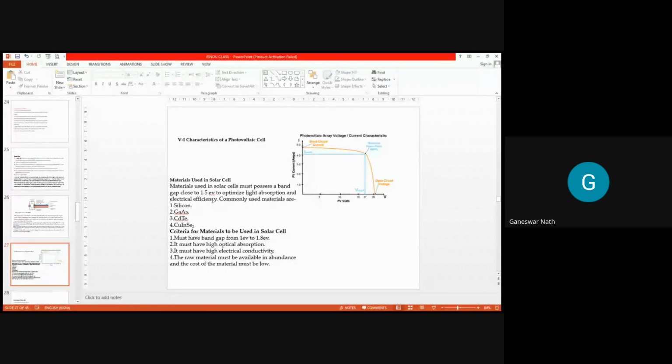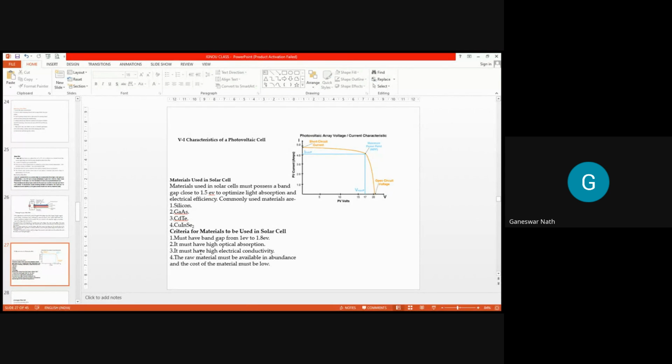Okay, and here you can find electron efficiency is also good. The commonly used materials I told already: silicon, gallium arsenide, cadmium telluride, and also copper indium selenide. These are the materials which make the best fit for making a solar cell. Not all materials can be selected for making a solar cell, so there are some criteria.